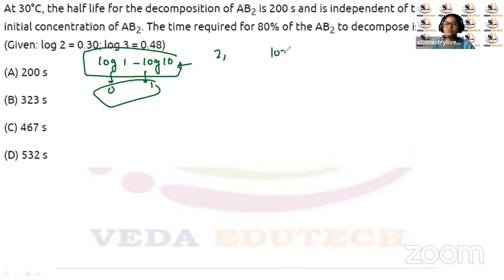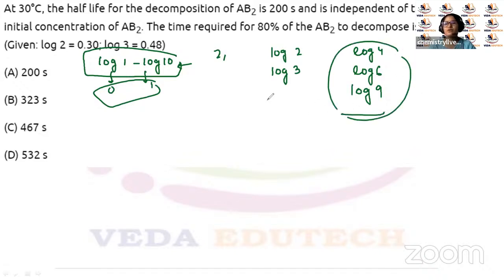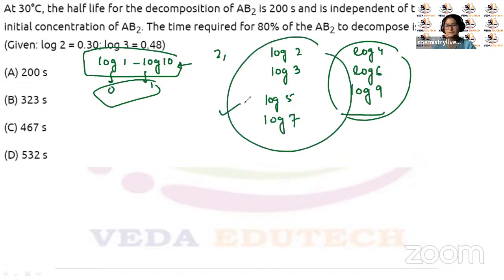You need to remember log 2, log 3. Then most of the things will be done, like log 4 will be done. Then log 6 can be done. Log 9 can be done. And so all these things can be done. So you have to remember log 5, log 7. Yes, 2, 3, 5, 7, the prime numbers. That will be sufficient for you.